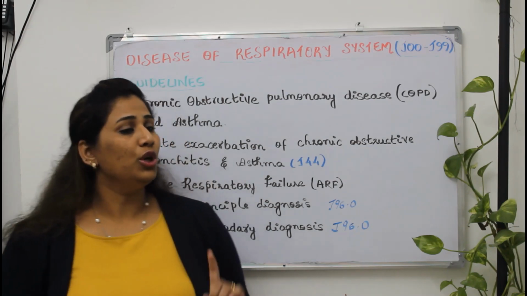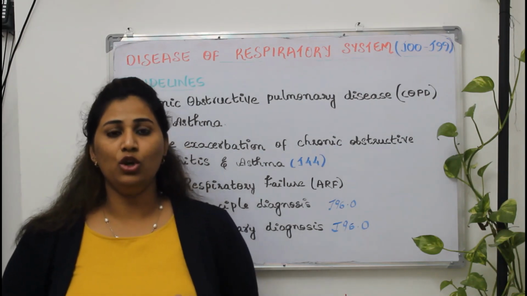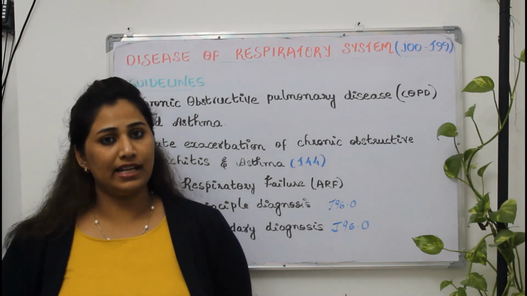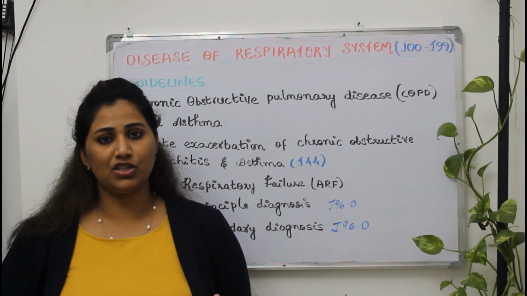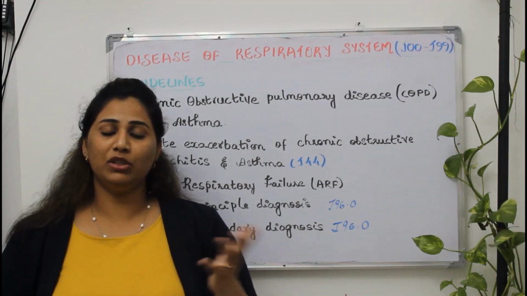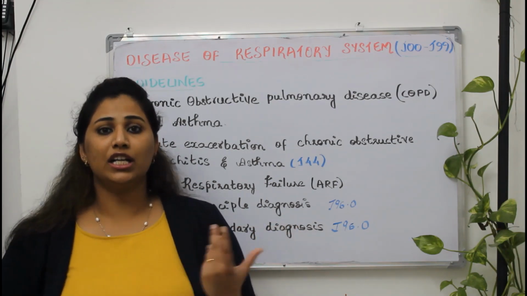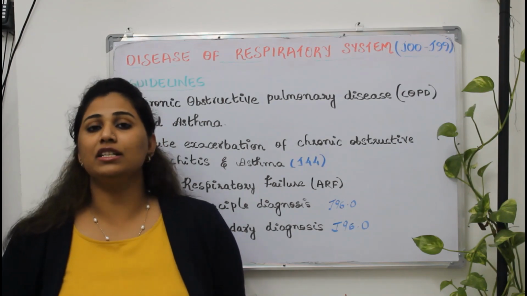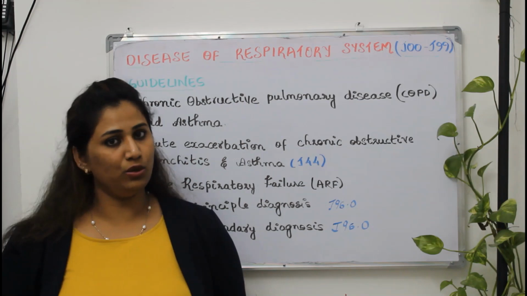You should understand from the given scenario whether it is an acute exacerbation or not. They may not say exacerbation directly. Sometimes they will give other scenarios: the patient was on treatment and stable, currently got an attack. That means it is exacerbation. You should understand by reading the scenario itself.